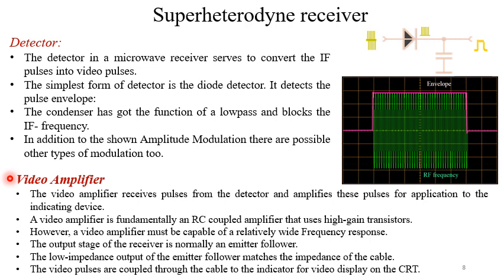However, a video amplifier must be capable of relatively wide frequency response. The output stage of the receiver is normally an emitter follower. The low impedance output of the emitter follower matches the impedance of the cable. The video pulses are coupled through the cable to the indicator for video display on the CRT.